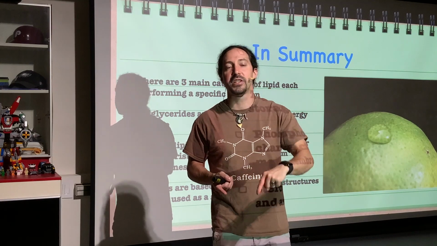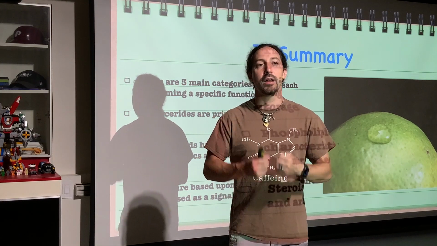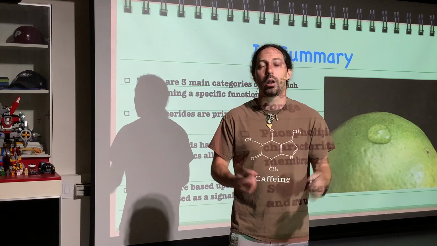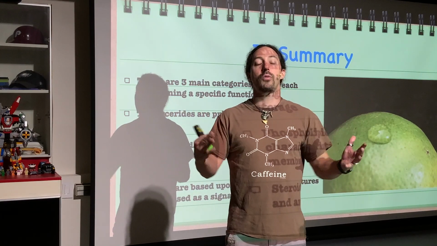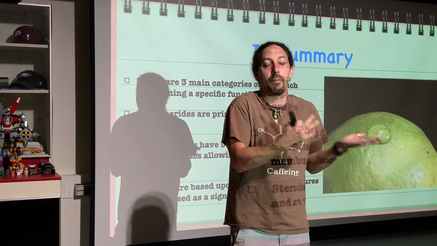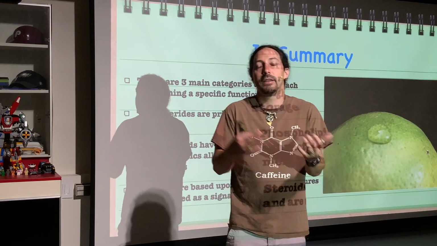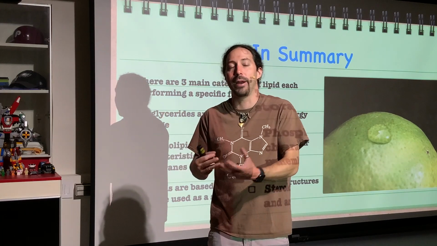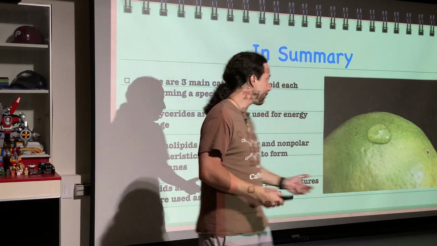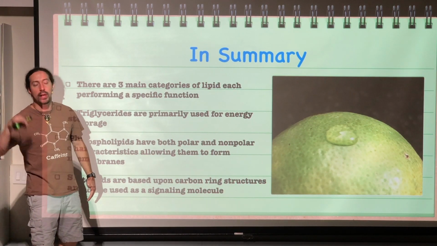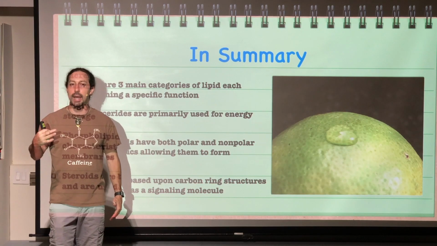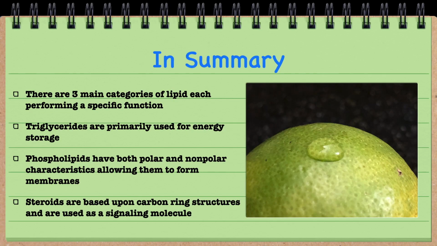If the membrane of a cell was nonpolar, then it wouldn't be able to interact with water at all, and that would be a huge problem for all of life. So the fact that water can't dissolve a membrane, but the fact that it can also interact with that membrane is extremely important. And steroids, they are based upon a ring-like structure of carbon atoms, and they are involved in sending signals. Again, vastly nonpolar in nature.